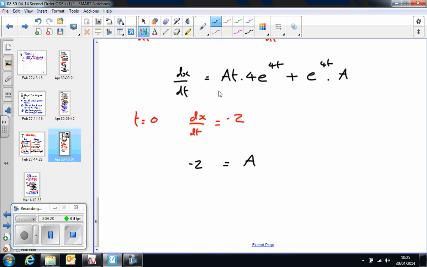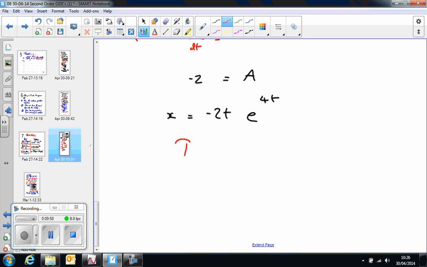So I'm left, if I go back to my general solution and substitute in, I've got x equals minus 2t e to the 4t. And that's the particular solution.